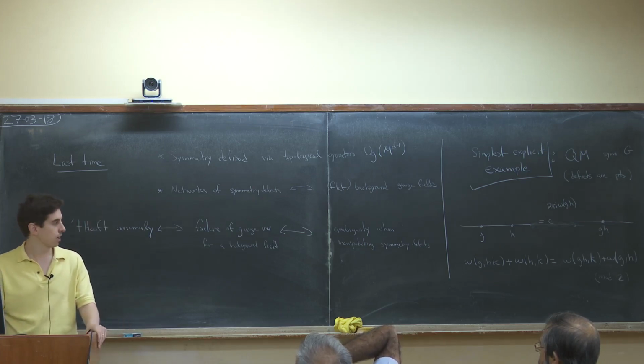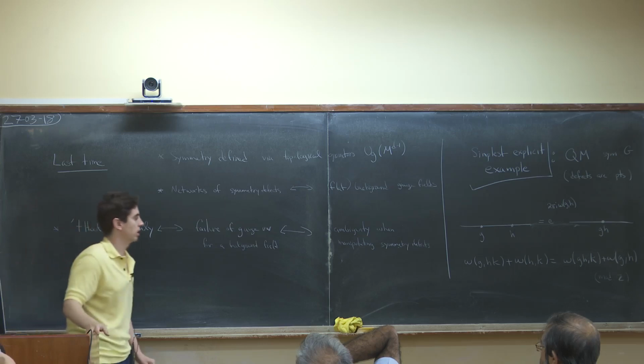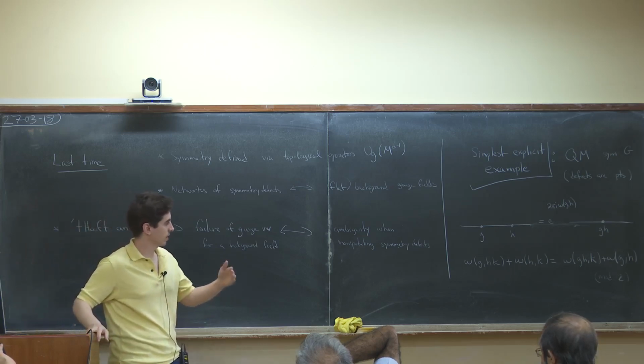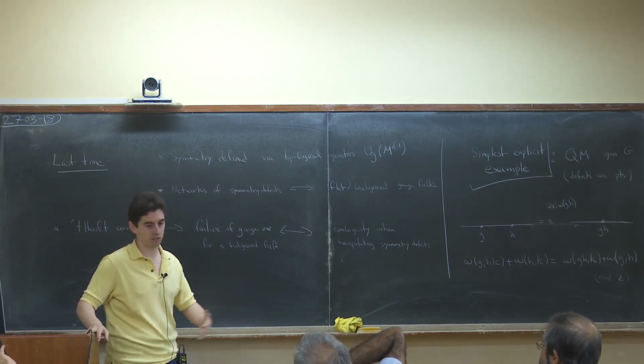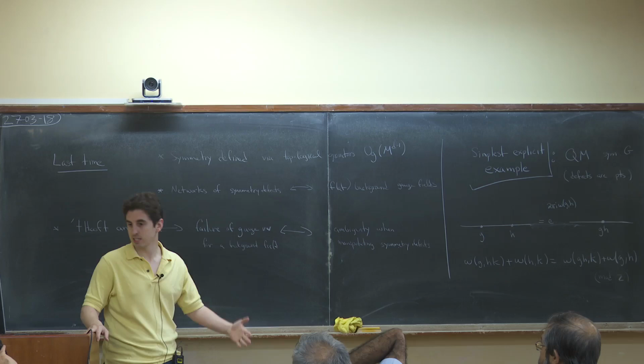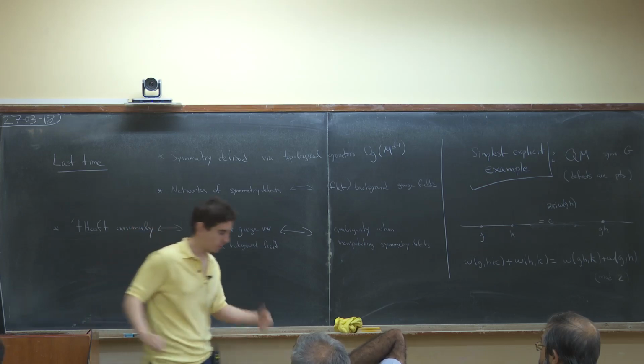So when we say that a theory has an 't Hooft anomaly, we mean that the violation of current conservation or gauge invariance is by a C number, by some multiple of the identity.